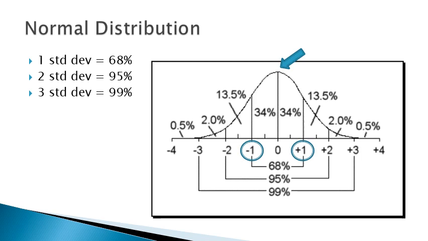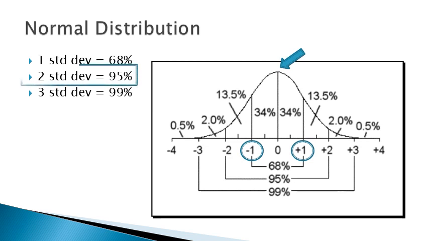Now let's look at this. Mean, meaning average. If this was the average test score and you were at +1 standard deviation from that mean, you did a little bit better than the average person on that test. At -1 standard deviation, not too bad, but you did a little worse than everybody else on that exam.